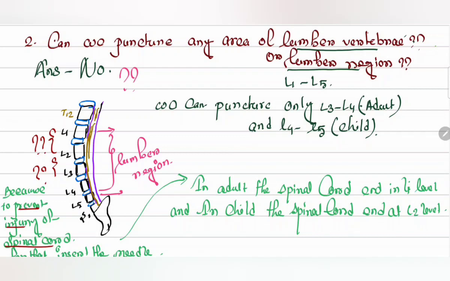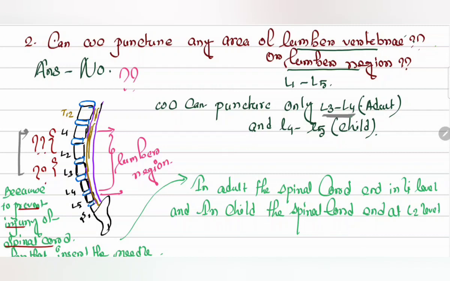That is why for safety in adults, we don't insert the needle in the L1 L2 gap and L2 L3 gap, and instead insert the needle in the L3 L4 gap.